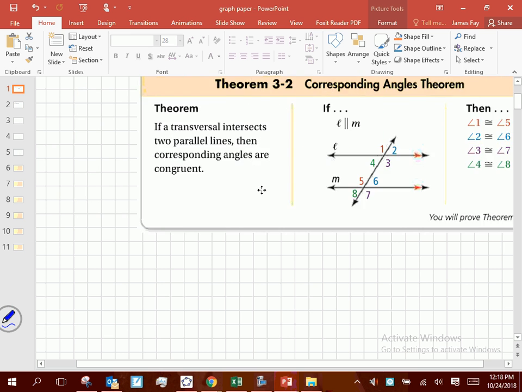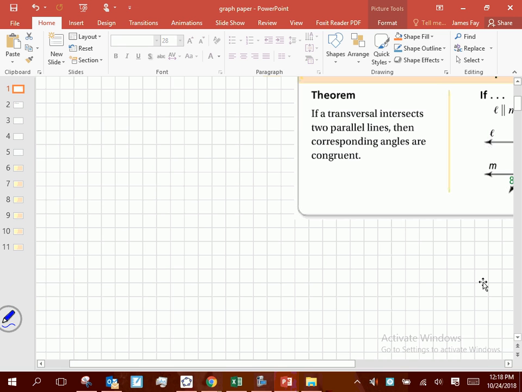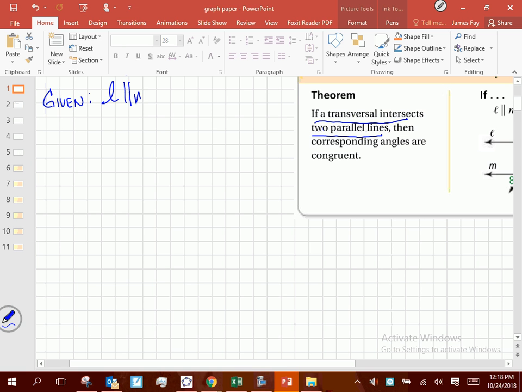Remembering that if that's the theorem I'm trying to prove, the given is the if part. So we need two lines to be parallel. I'm going to choose two lines that I'm calling L and M. And that's going to help me then construct my picture.